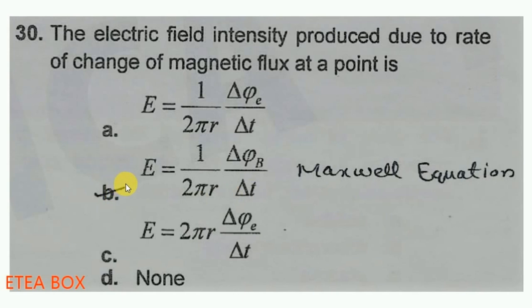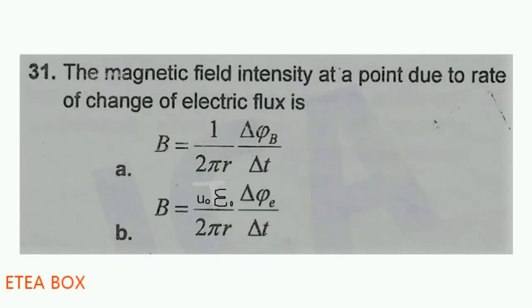This is produced due to the rate of change of magnetic flux, and this one is the Maxwell equation. The magnetic field intensity at a point due to the rate of change of electric flux is μ0 times the rate of change of electric flux divided by 2πr. So option B is the correct one here.